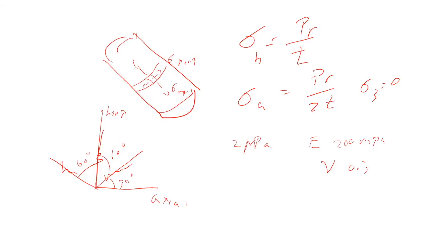Right, so you compute the stress. From that, you compute the strain using your isotropic elasticity equations, and then it's a matter of doing the coordinate transformations to compute this. Okay, so how many do you actually have to do? Well, okay, so this gauge is already aligned with the hoop, right? You don't have to. So you just do 30 degrees. In fact, you only have to do one of these, right?